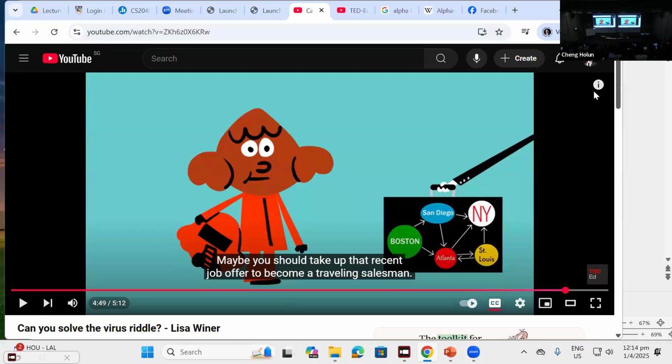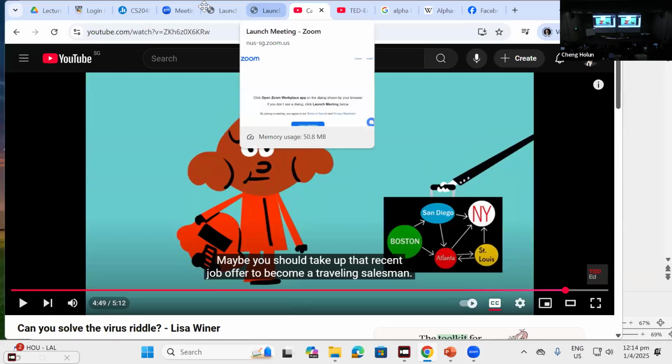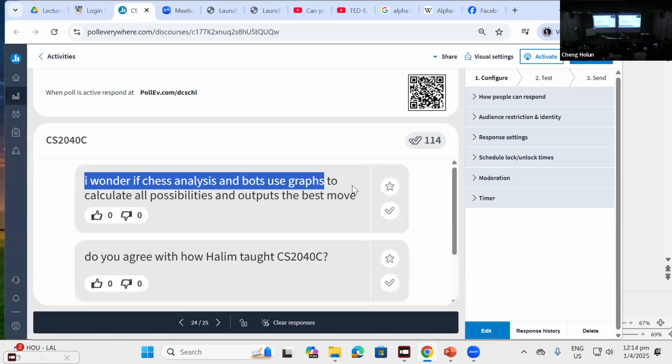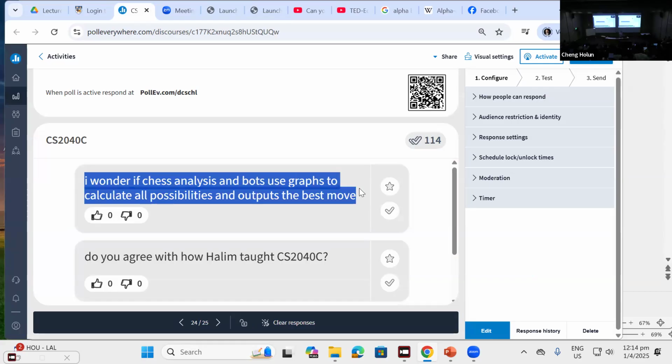Yeah, and there's some interesting questions in Poll Everywhere. For example, I wonder if chess analysis and bots use graphs to calculate all possibilities. In the beginning, yes. Actually, if you think about it, all the possibilities of chess are not only a graph, it's a tree.